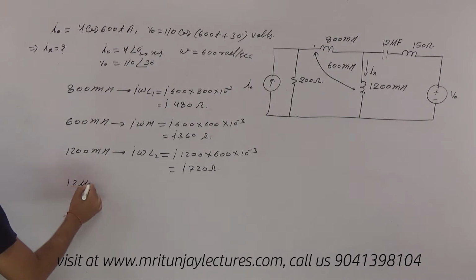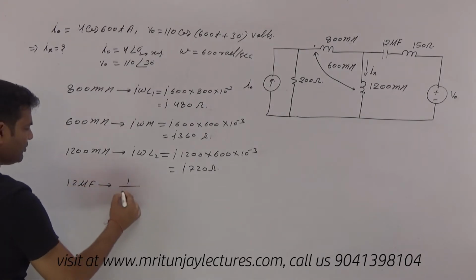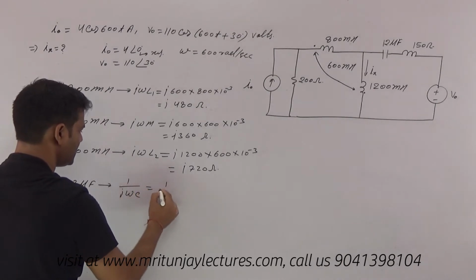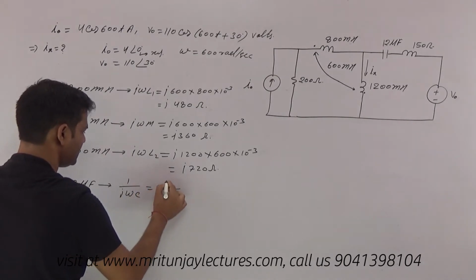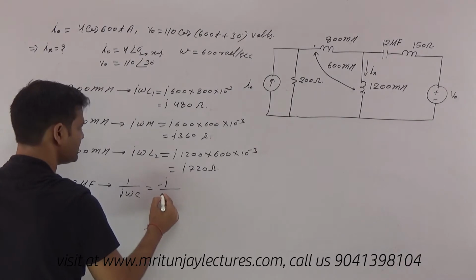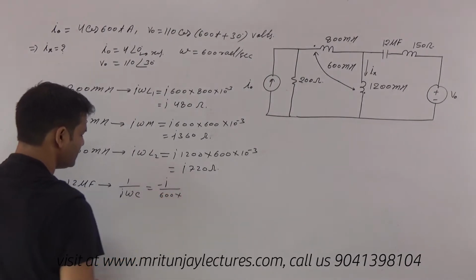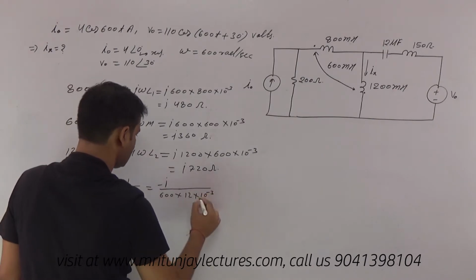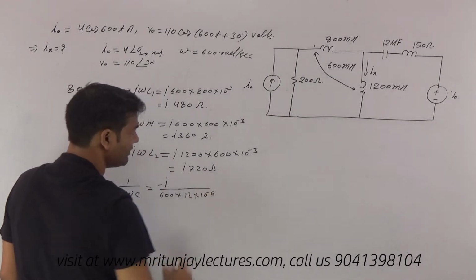Now the next one, 12 microfarad. 12 microfarad means 1 upon j omega C, or simply minus j divided by omega C, where omega is 600 and C is 12 into 10 to the power minus 6, because of micro.